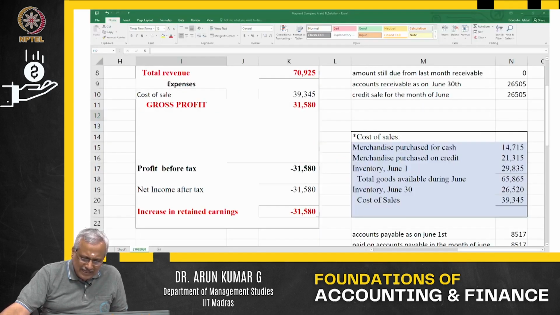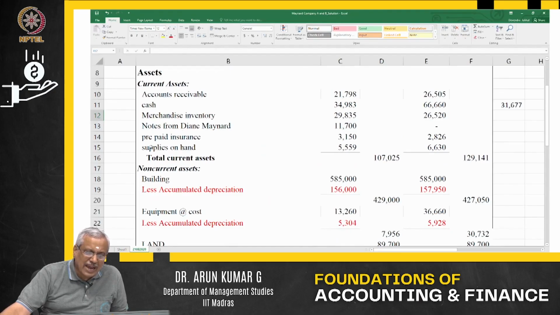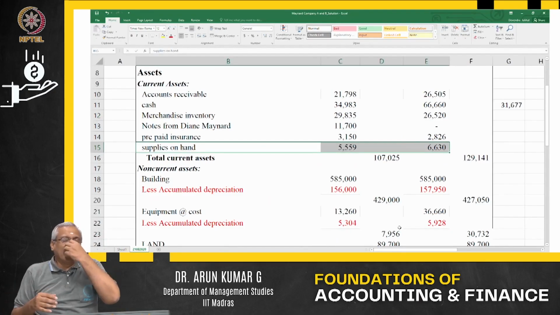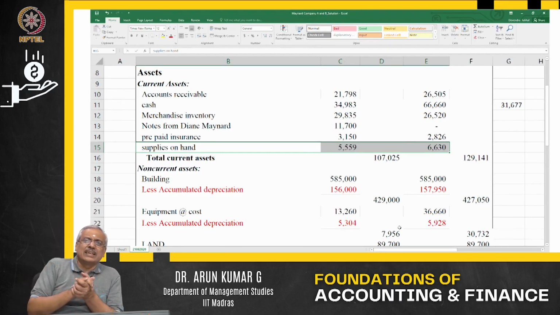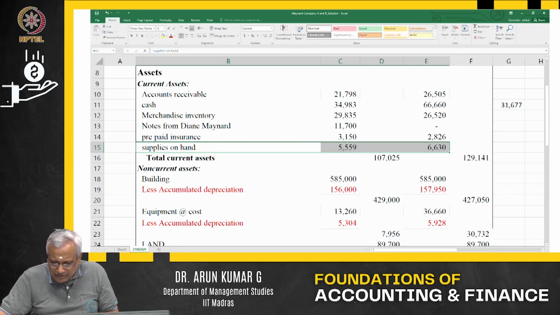Now, you might have purchased the supplies, but what am I worried about? How much is utilized? There is something at the beginning of the month, there is something at the end of the month. We are worried about how much is utilized. That is what will go in the P&L, accrued. So, let us calculate how much is utilized.